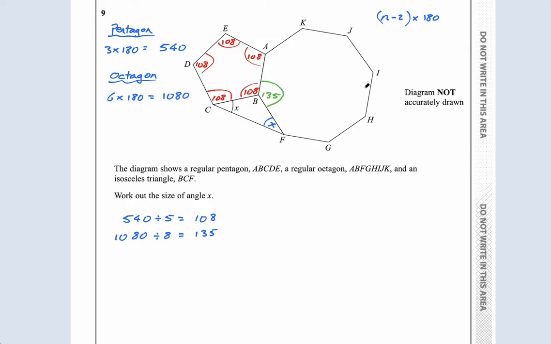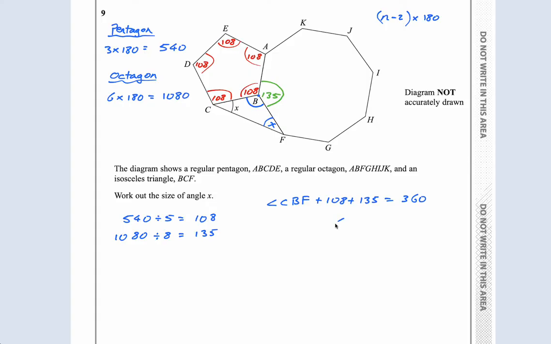So where am I going with this? Well, this is obviously a tricky angles question, guys. If I can find angle CBF, then angle CBF plus 108 plus 135, these three angles around this point, have to equal 360 because they're angles around a point, or a full circle.